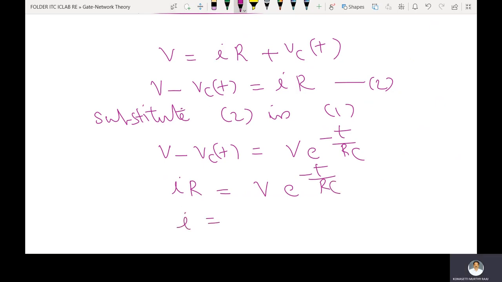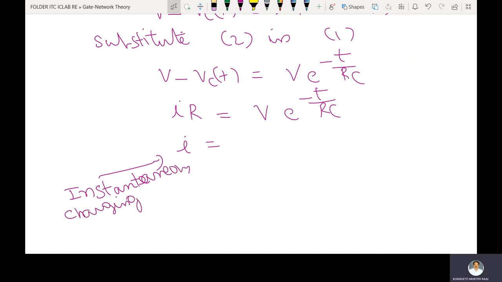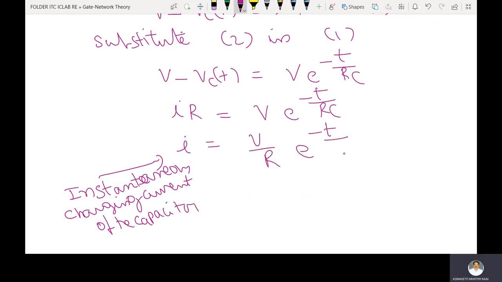Therefore, I is the instantaneous current flowing through this capacitor. This is the instantaneous charging current of the capacitor, that is I is equal to V by R into e power minus t by RC.